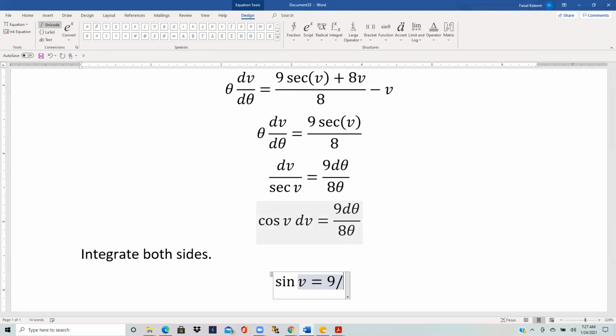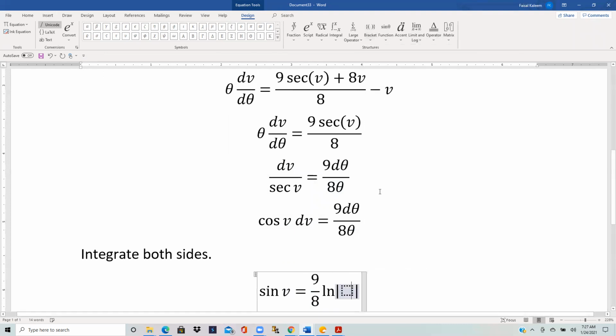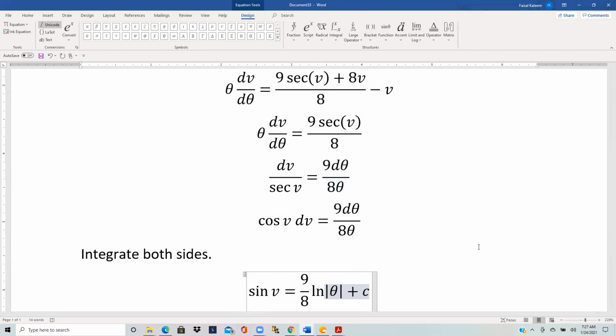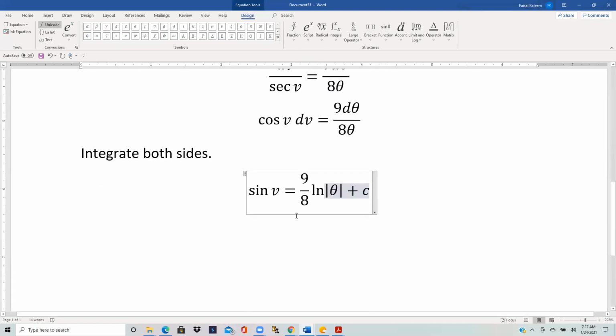So 9 over 8, and the integral of 1 over theta is ln of theta, plus c. And we saw last time that they have just a c on the right side, so they bring everything on the left.